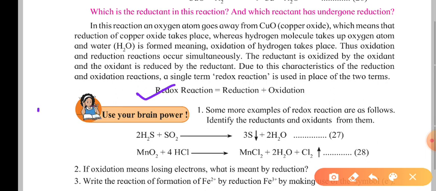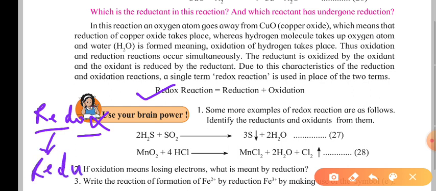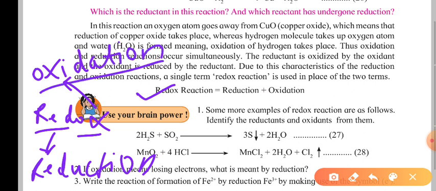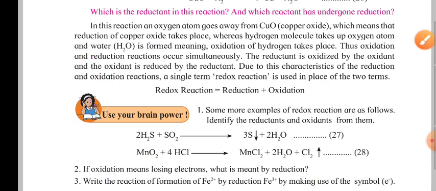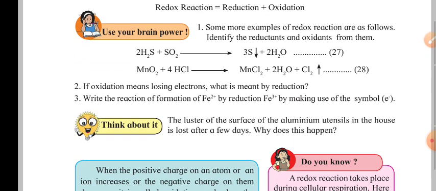The word redox is a combination of two words: red is for reduction and ox is for oxidation. So when reduction and oxidation are present in the same single reaction, that reaction is called a redox reaction. You can see the example given over here.